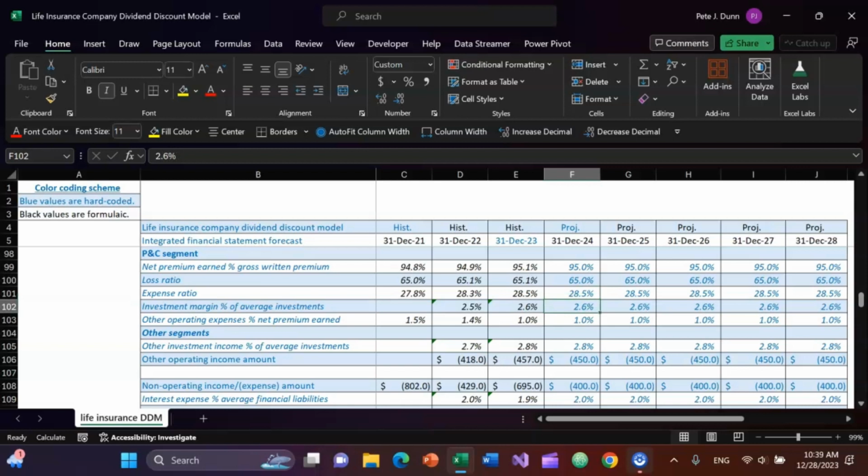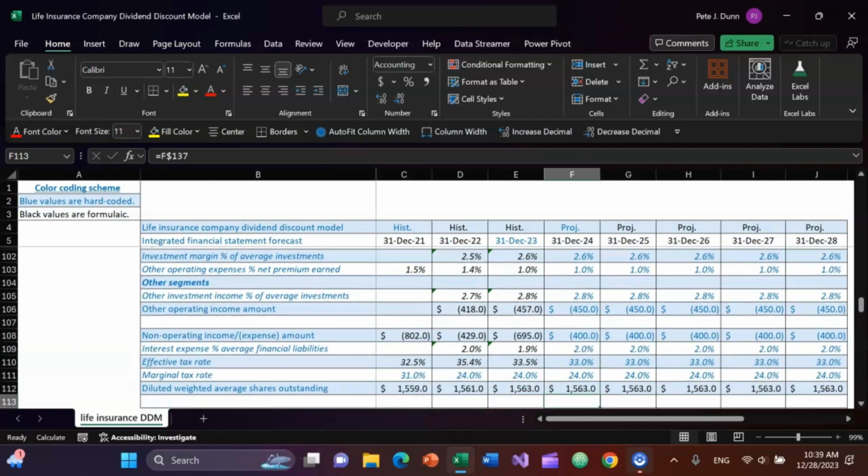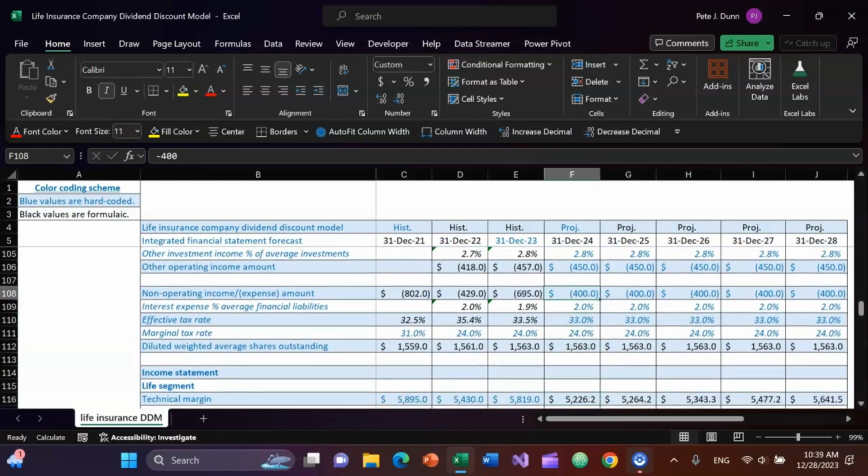There is an investment margin of 260 basis points as a percentage of average investments, and other OPEX as a percentage of net premiums earned is forecast to be 1%. Other investment income as a percentage of average investments, I forecast that at 2.8%. Other operating income, I'm hard coding in $450 of loss there.